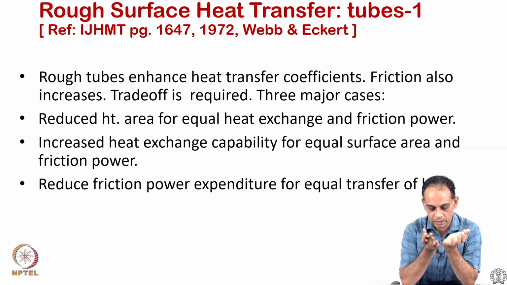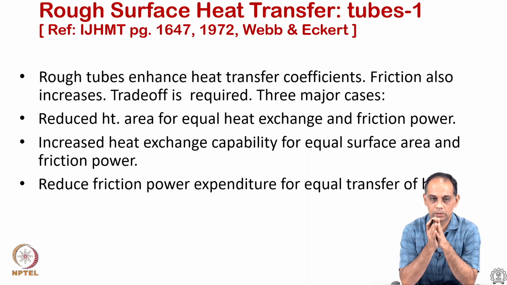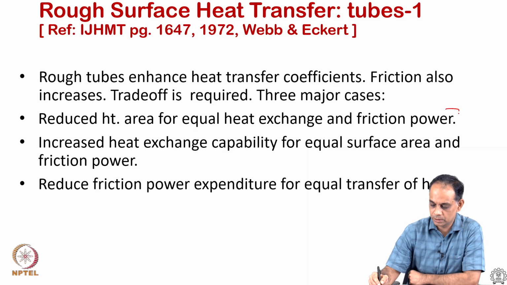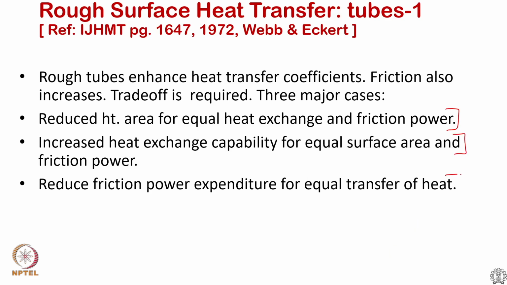So, there is always a trade-off. One, we will look into three conditions where we will judge whether an added roughness element is going to be useful or not. The first is reduced heat transfer area for equal heat exchange.